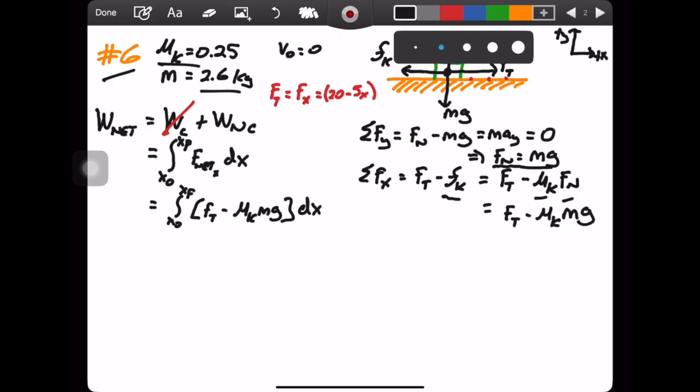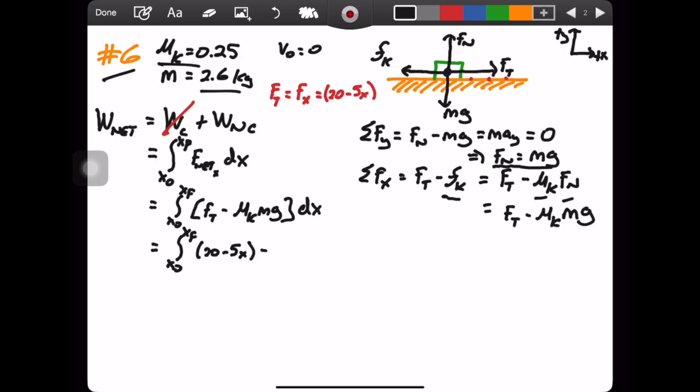So what I'm going to do now is integrate from x initial to x final, and I'm going to substitute for this tension force 20 minus 5x. And then I have to subtract mu k mg, and all of that is multiplied by dx.